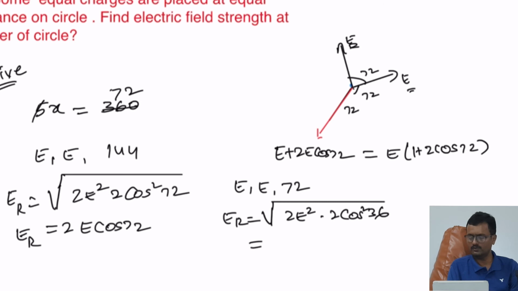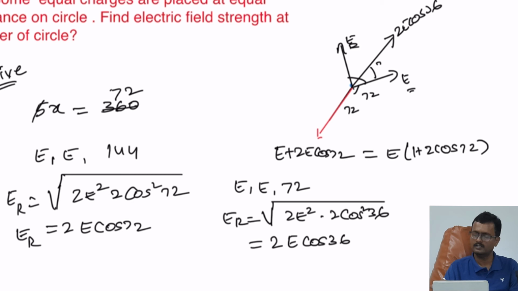So the root of 2 into 2 is 2, and the root of cos square 36 is cos 36. So 2E cos 36 exactly bisects the 72 angle. So this is 2E cos 36. So the 72 angle is bisected, and this angle is 36.